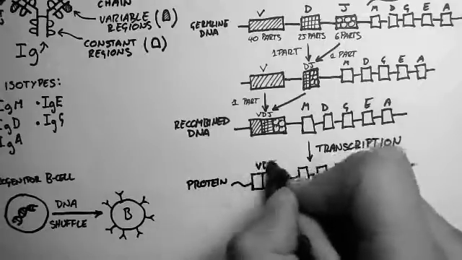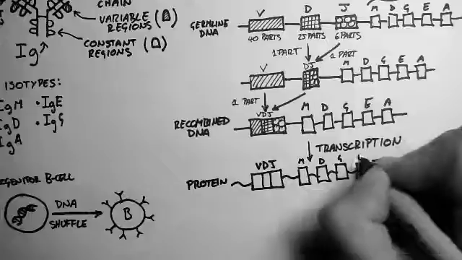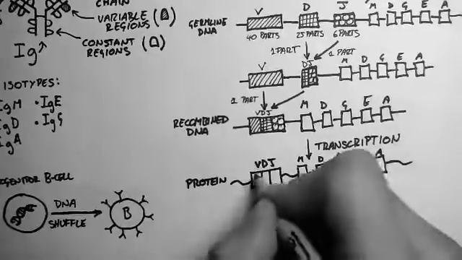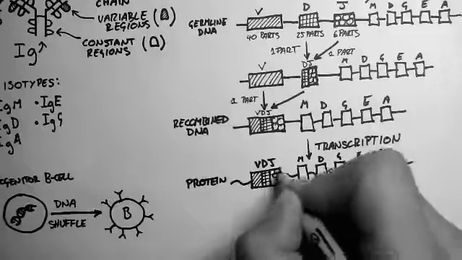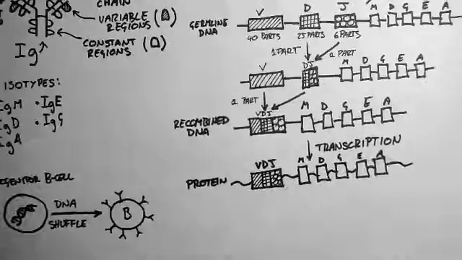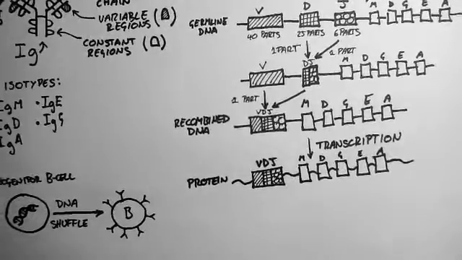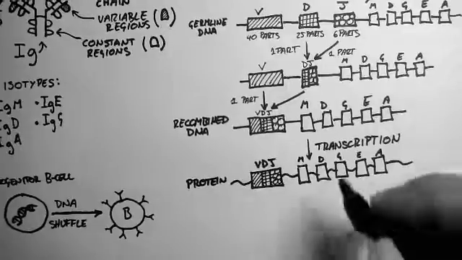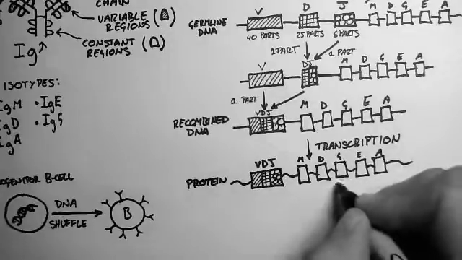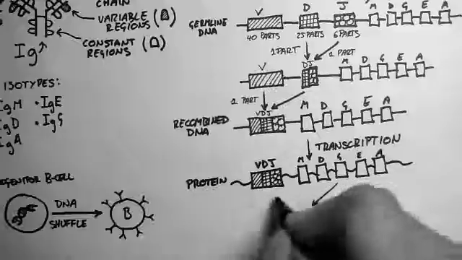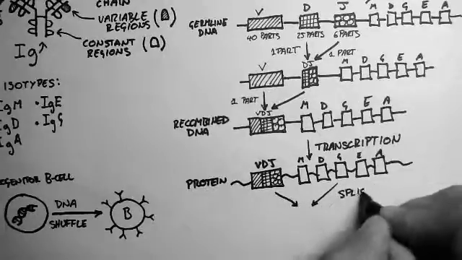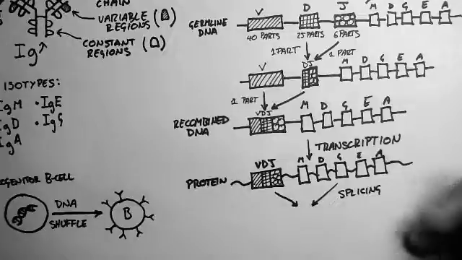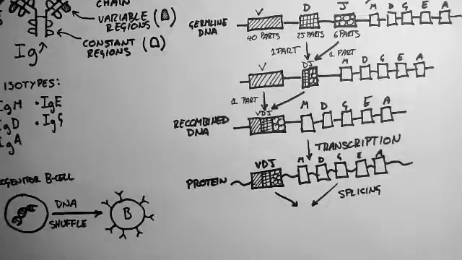Sorry, I didn't mean to put protein there, I'll change that in a moment. So here's a V, D, and J region, with still all the constant regions on the end. But this is a string of mRNA now. Now one of these regions, for example, let's use the G region, gets kept while the others get spliced away.